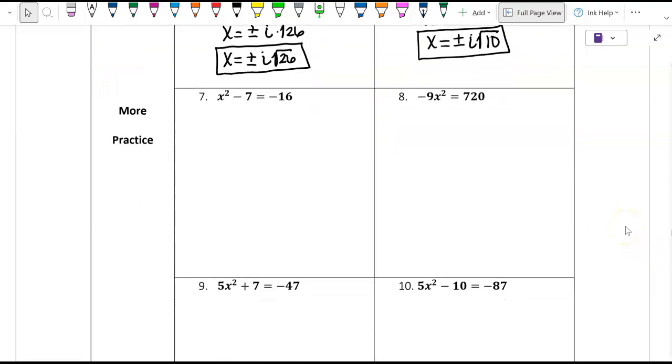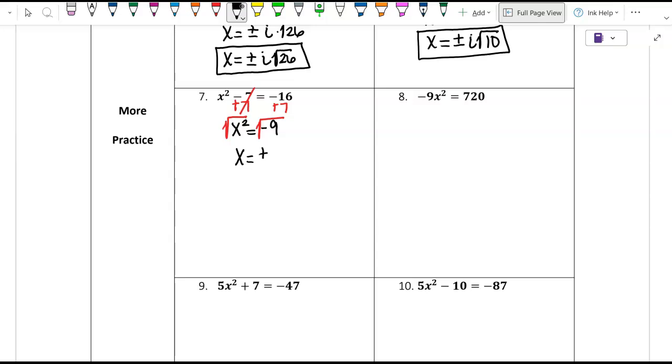All right, number 7, x squared minus 7 equals negative 16. We have to add that 7 to both sides to get that x squared term by itself. So x squared equals negative 9. Take the square root of both sides.